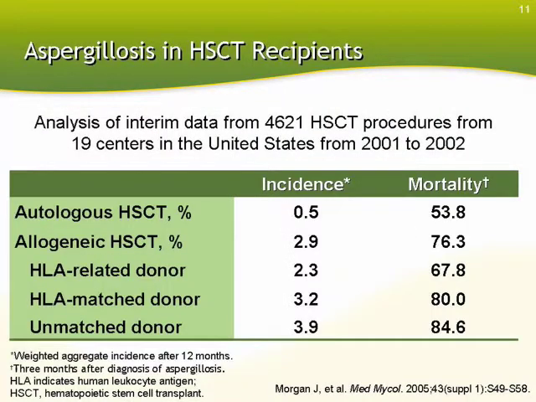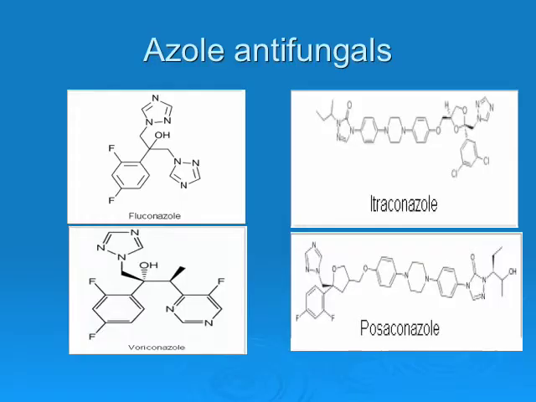Aspergillosis is even worse. These are gross mortality data, not attributable mortality data, so they're slightly exaggerated. But nonetheless, among stem cell transplant patients who develop invasive aspergillus infection, more than half will die, and very often 3/4 of these patients will die. Of course, they're often quite sick by that time anyway.